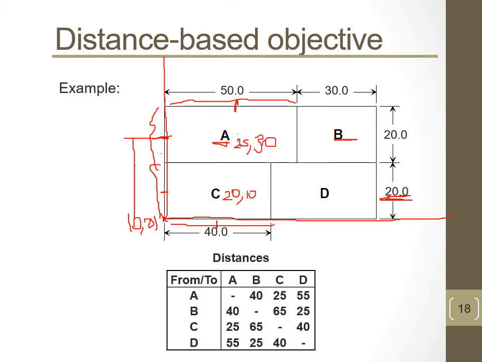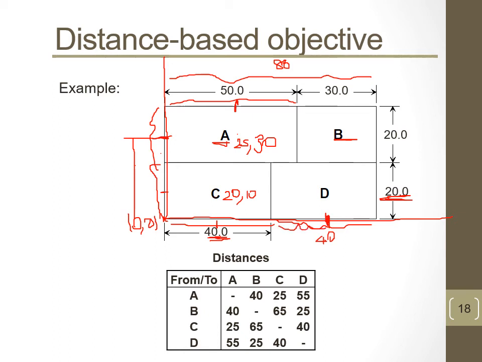What about D? This length here, what should that length be? If you look at the top here, it is 50 plus 30, the total length is 80. Since we have 40 here, this side should be 40 as well. The centroid should be at the midpoint of this.